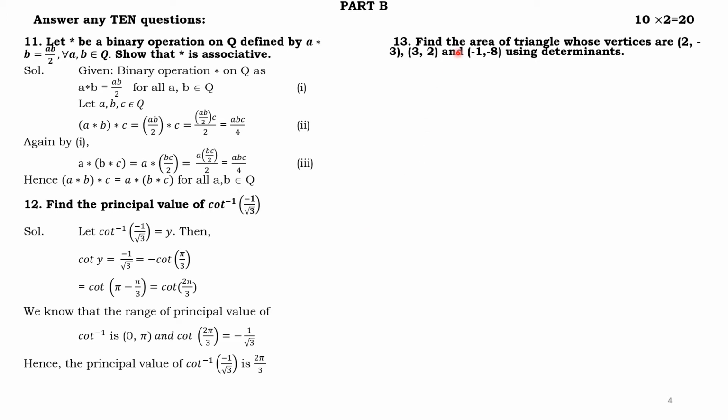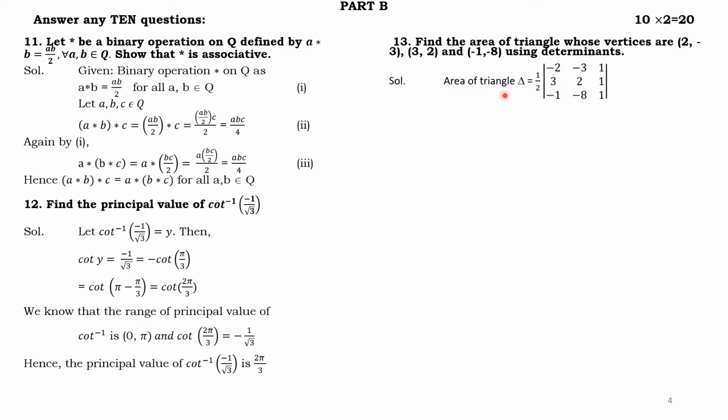Question number 13. Find the area of the triangle whose vertices are 2, minus 3, 3, 2 and minus 1, minus 8 using determinants. So, we are required to find the area of the triangle, and all the 3 vertices are given. So, let us solve it. Solution.